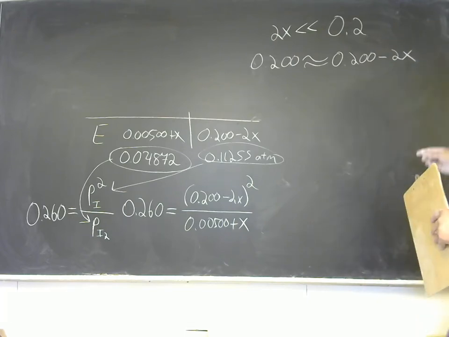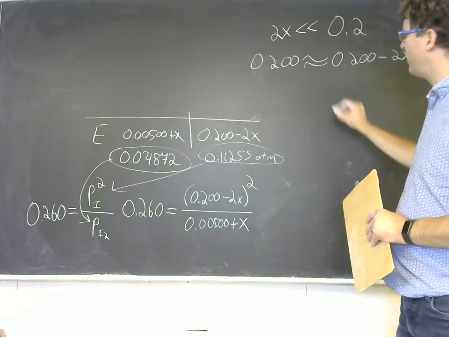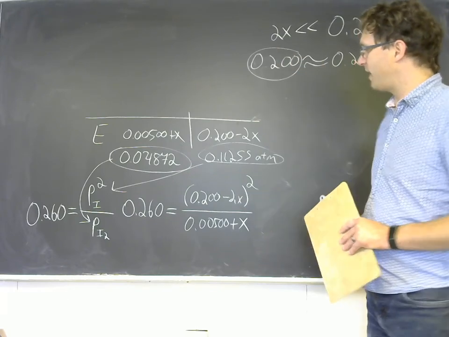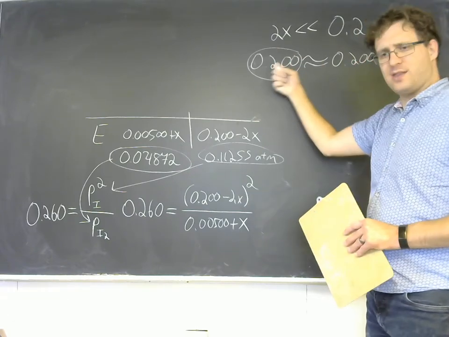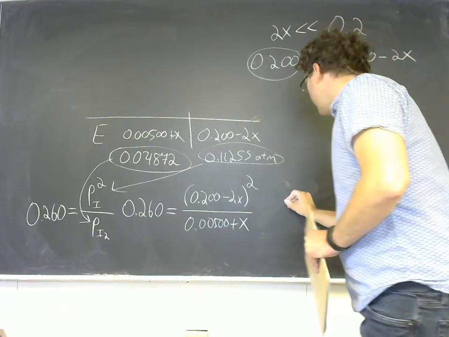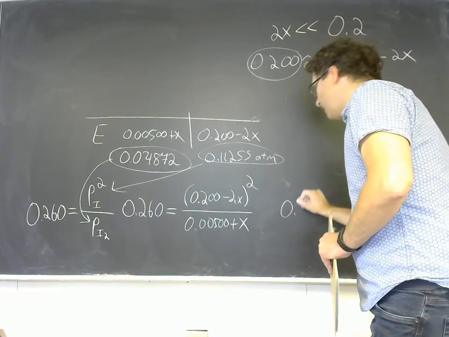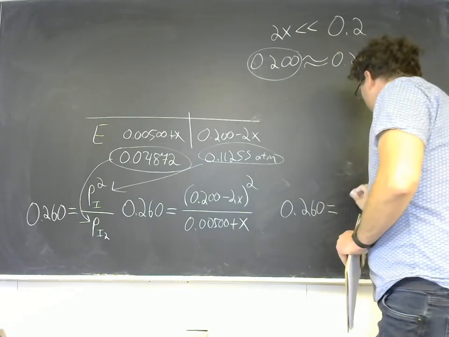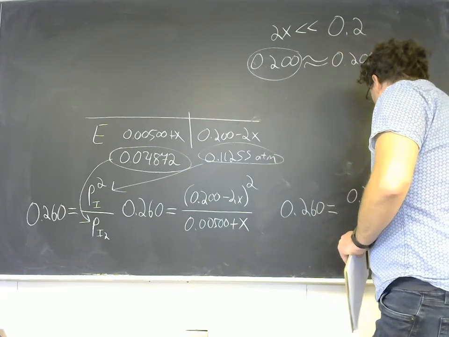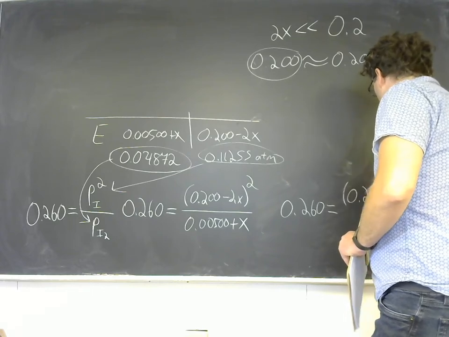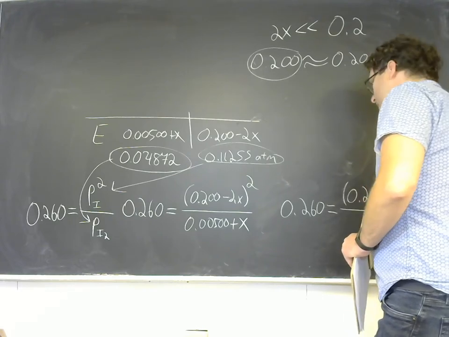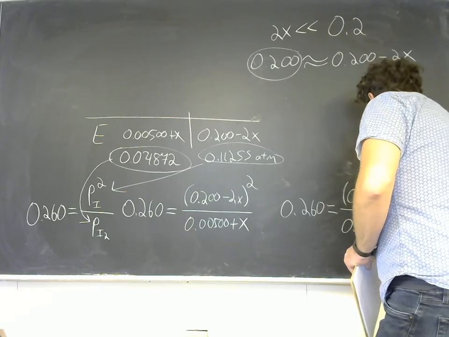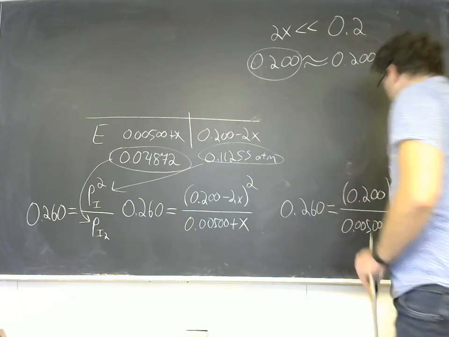And so, since these are close to each other, why don't I just ignore the 2x in that numerator and say that it's 0.2? What if I simplify this whole equation to say 0.260 is equal to 0.200 squared over 0.00500 plus x.